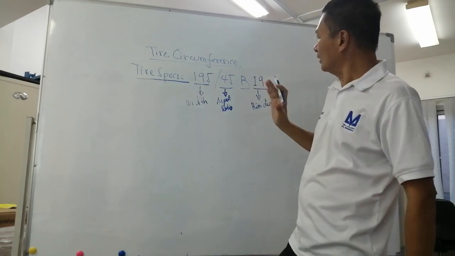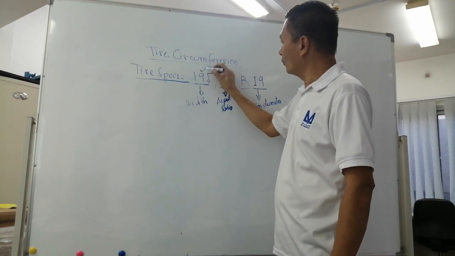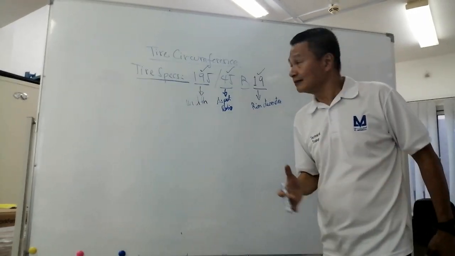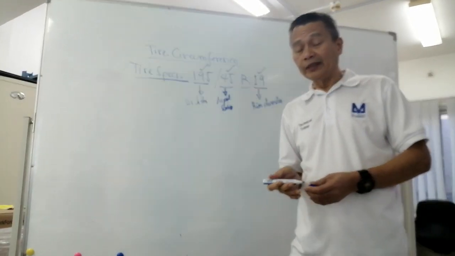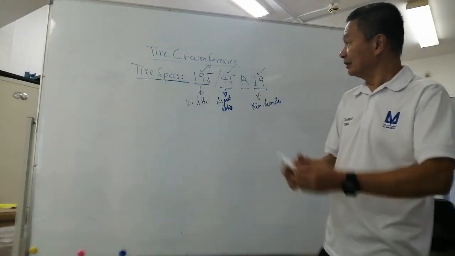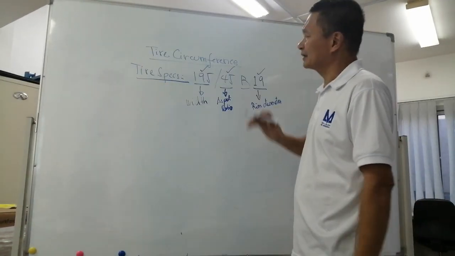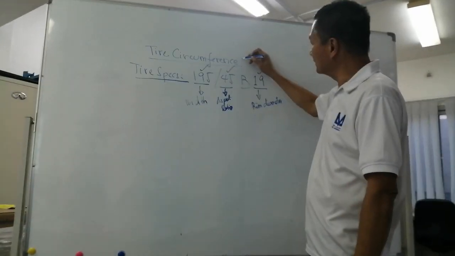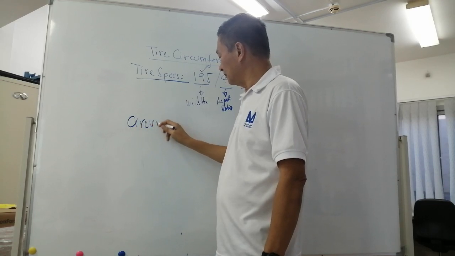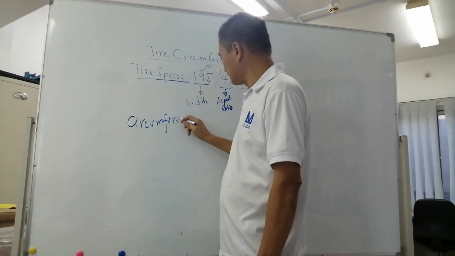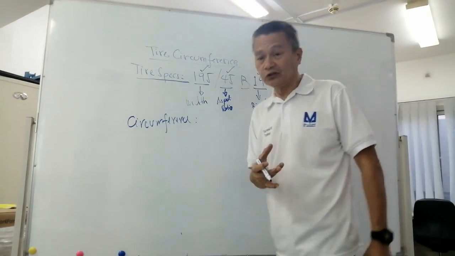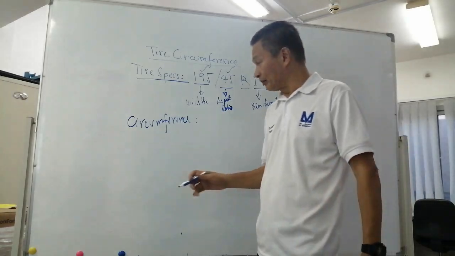All of these three are needed to determine the tire circumference. By the way, what is circumference? There are two formulas that we can use for tire circumference.